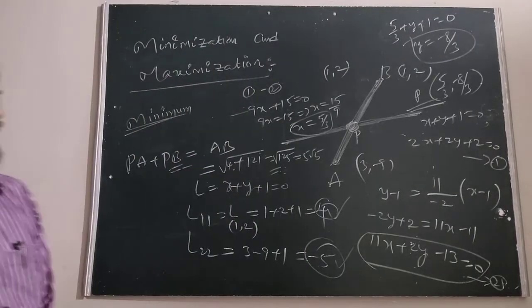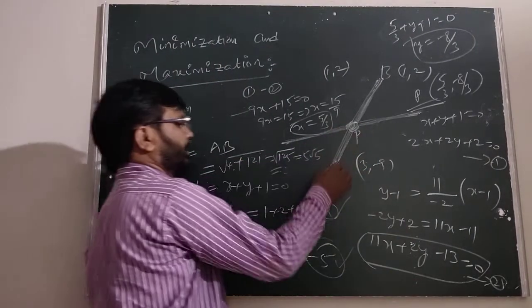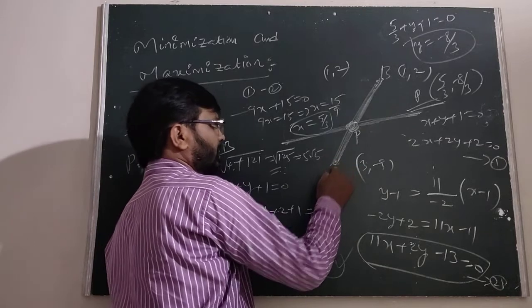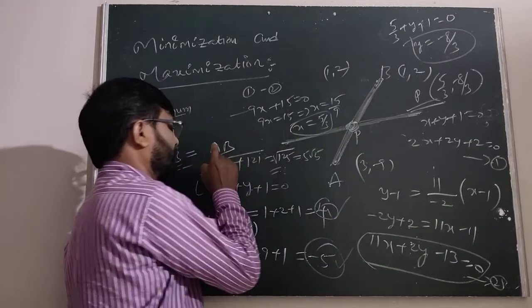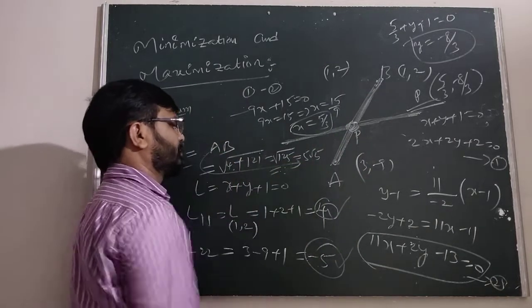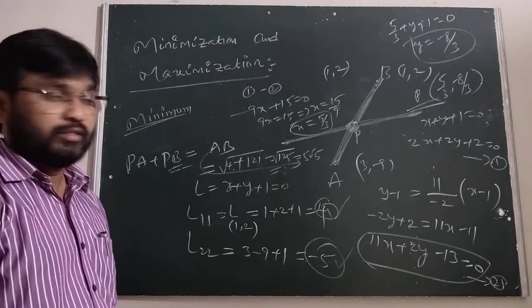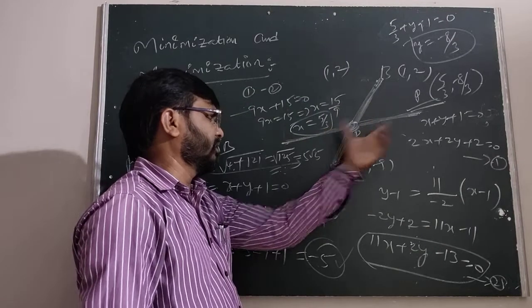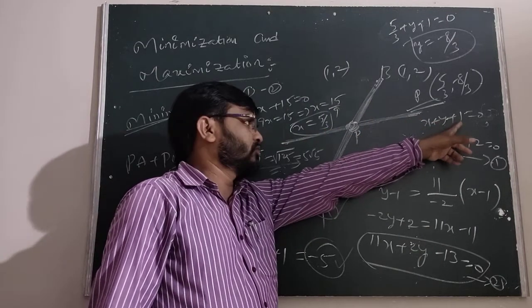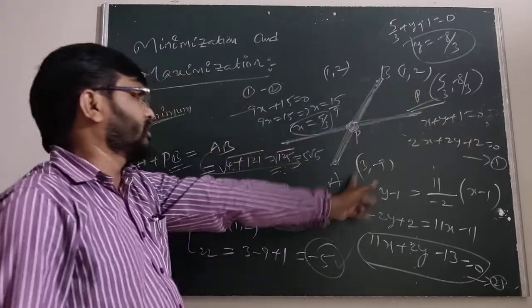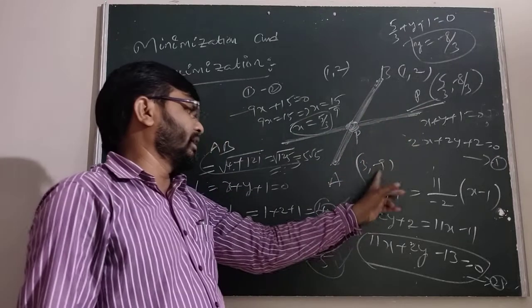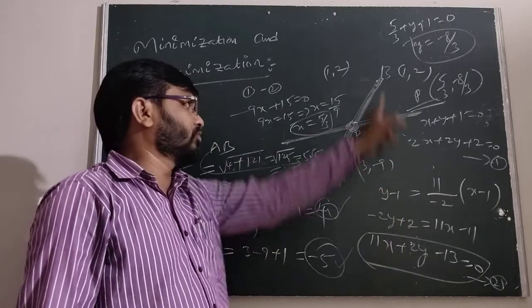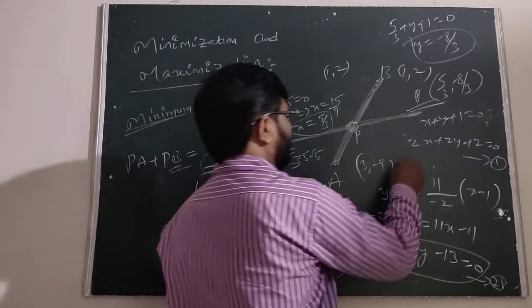How to find the P here? Suppose A and B are on either side, then the PA plus PB is nothing but AB. This is the minimum distance. Okay. How to find the P? It is the point of intersection of AB and the line. The line is given that x plus y plus 1 equal to 0. The points are 1, 2 and 3, minus 1. We have to know the equation of AB. How to find the equation of AB?